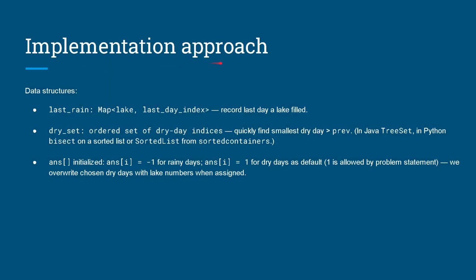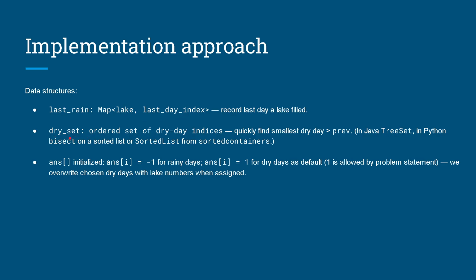Let's talk about the implementation approach. What data structure are you going to use? You should use the last rain map, which takes the lake and the last day index. We want to record the last day a lake was filled, so this will be the lake and the last day that this lake has been filled.